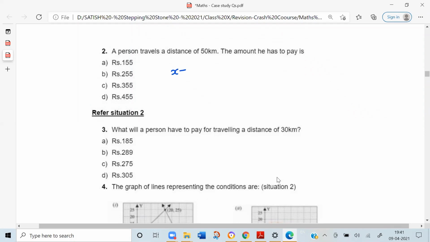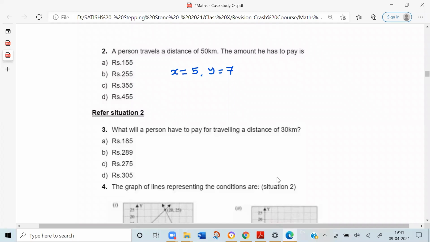What is x equal to? 5. Correct. And y equal to 7. Now, a person travels a distance of 50 kilometers.